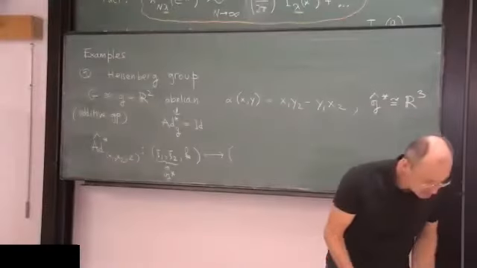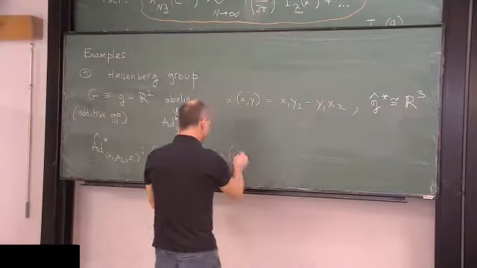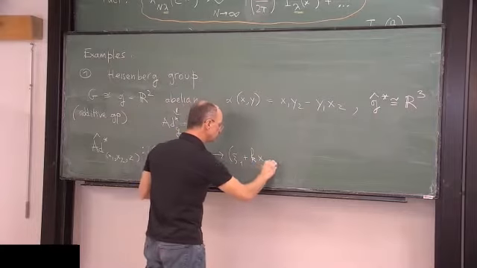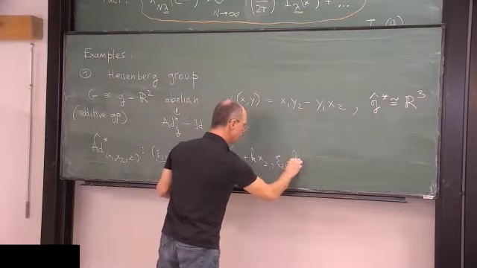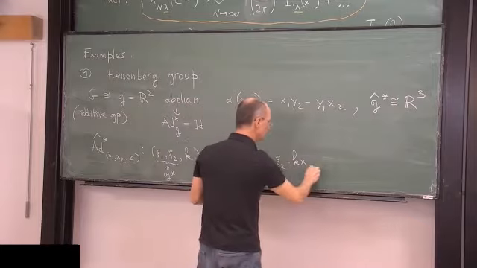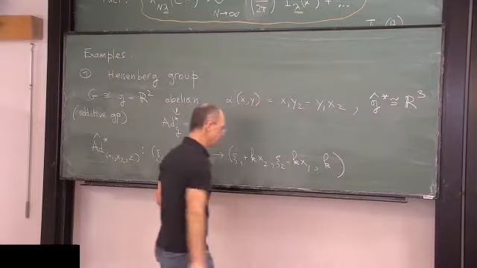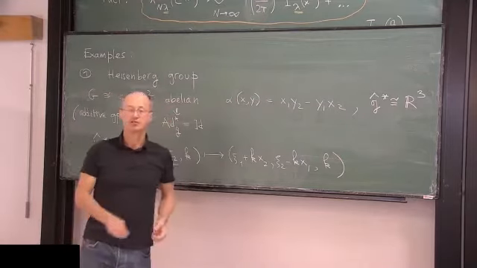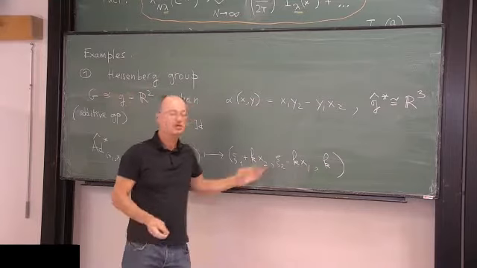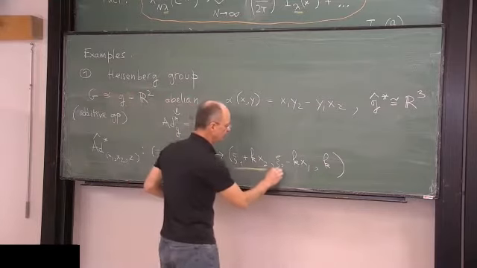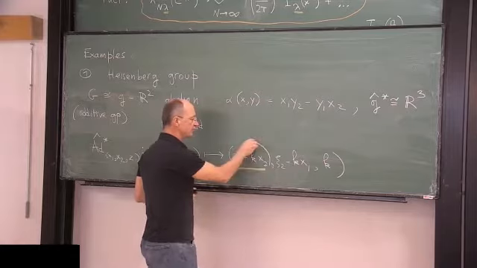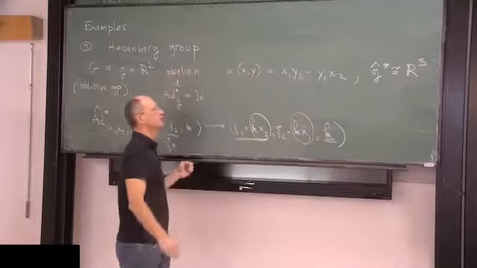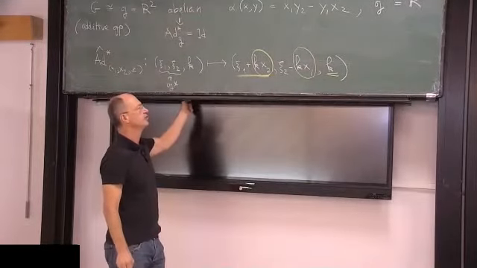I'm not sure, as usual, about my signs, but I got something like this: psi1 plus K x2, psi2 minus K x1, and K doesn't change. Of course, here it's all very simple. So this is just a linear transformation, right? But that's what happens: you always have some kind of component which is proportional to that dual of the central element, K.